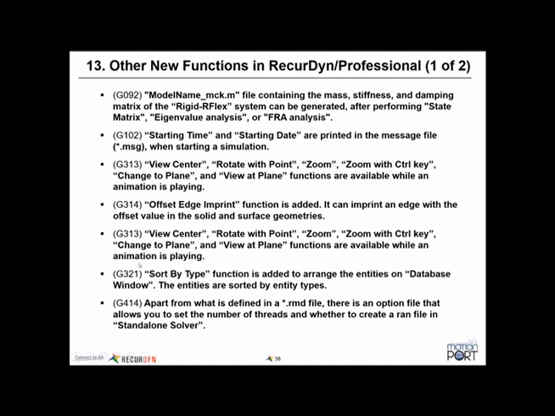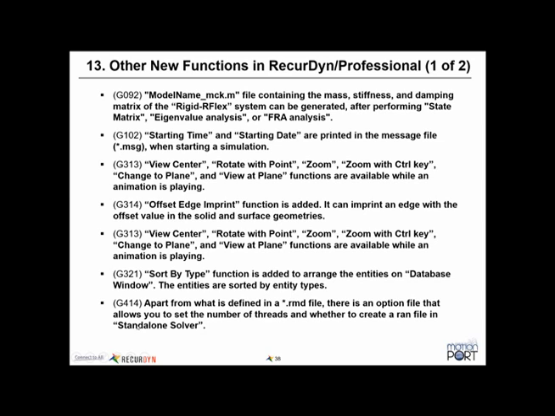And this one's just a copy paste error. Let's go down to 321, sort by type. You can arrange entities in the database window to sort by entity types. And then there's an option file that you can use to set the number of threads, and whether or not to create the animation file when you're using the standalone solver.